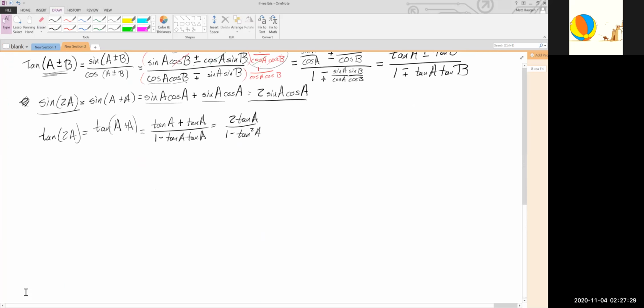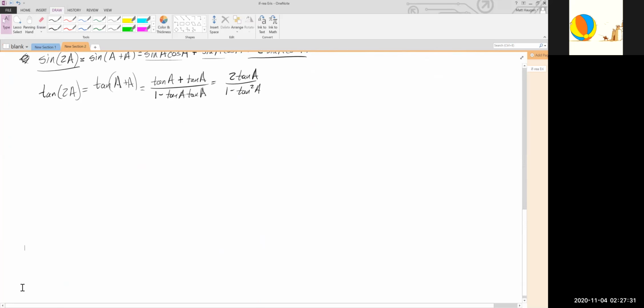So we did sine and tangent. We're kind of waiting to do cosine here, so let's do that. Cosine of 2A. Again, that's the cosine of A plus A. So according to our formula, that's the cosine of A, cosine of the other A, minus, again, remember with cosine the addition and subtraction switch, the sine of A times the sine of the other A. But come on, now we've got cosine times cosine, sine times sine.